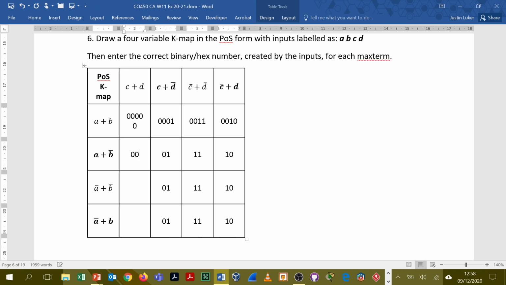There we go. And for the row, that's 0, 1, 0, 1, 0, 1, 0, 1, and then this one is 1, 1, and this one is 1, 0.